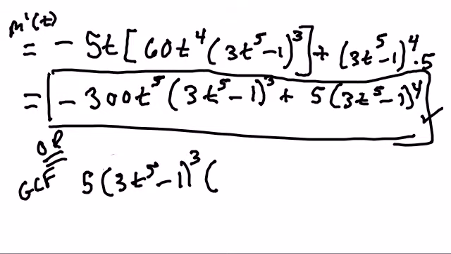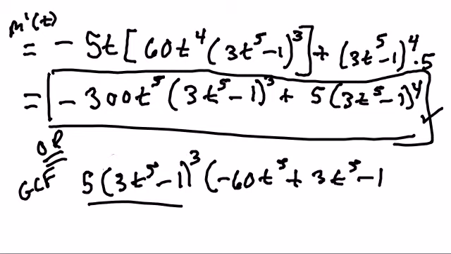And so what do I have left when I factor this out? Well, that would give me a negative 60t to the fifth. The 3t to the fifth minus 1 cubed cancels, and then I would have a 3t to the fifth minus 1 to the first power, or just 3t to the fifth minus 1.